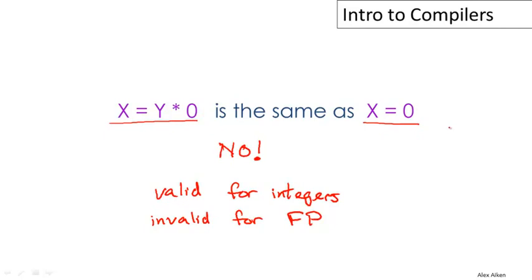There is a special number in the IEEE standard called not a number, or NaN, and it turns out that NaN times 0 is equal to NaN. In particular, NaN times 0 is not equal to 0. So if x and y are floating point numbers, you can't do this optimization. And in fact, if you did, it would break certain very important algorithms that rely on the proper propagation of not a numbers.